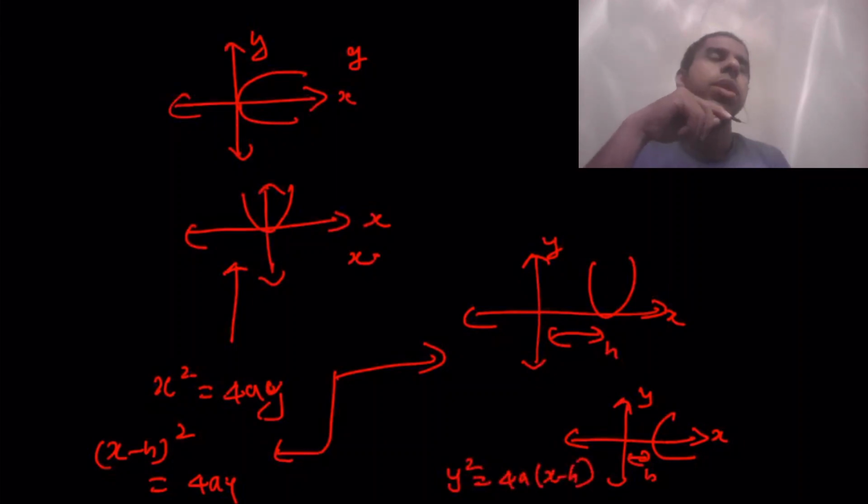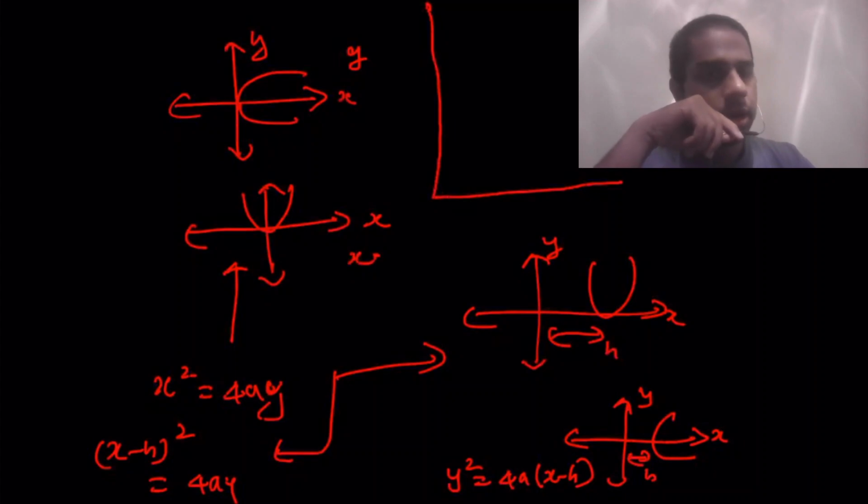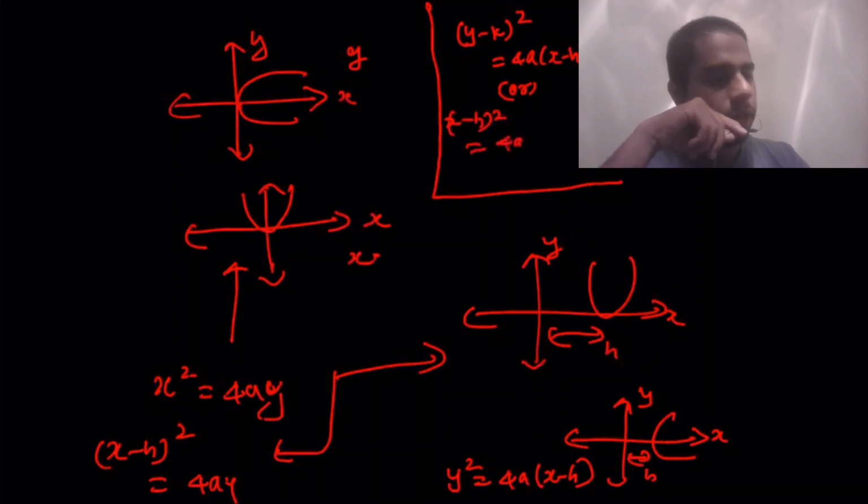So the general form of equation you can normally have is y minus k the whole square is equal to 4a into x minus h, or x minus h the whole square is equal to 4a y minus k.